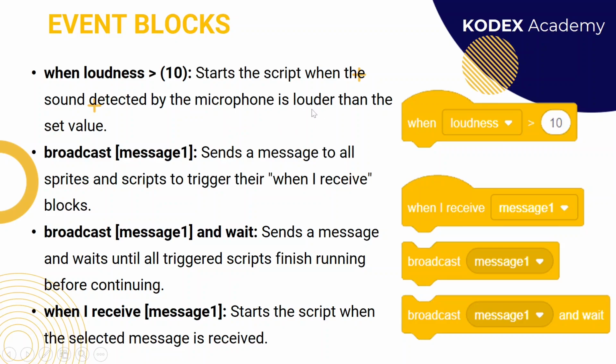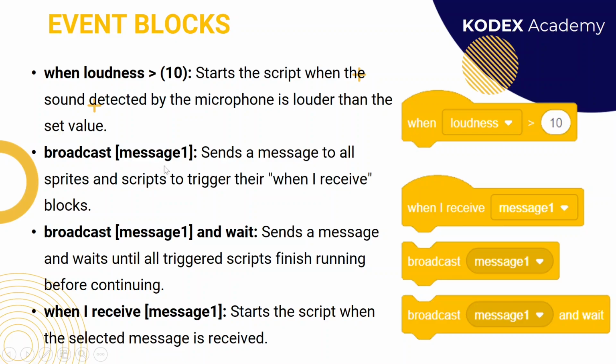This script will start when the loudness is more than 10 or 20. So you can use such a block which is specially designed to detect sound, not any kind of flag, not any kind of other background or sprite. If you want to start your script on the basis of the detection of sound, you can use this block.